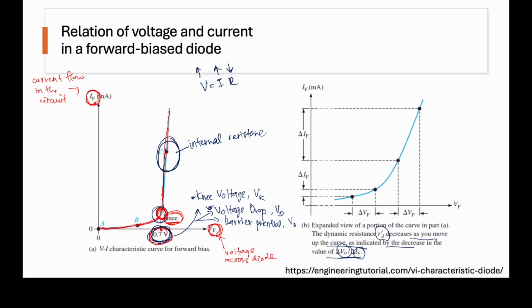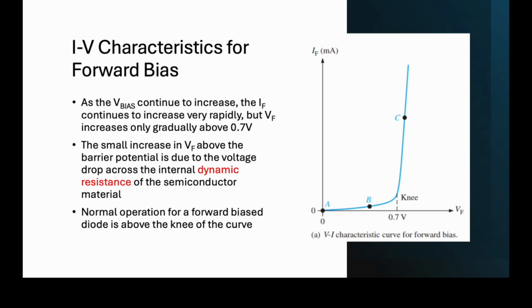Now, how about the characteristics here? As the V bias, the external DC source, continues to increase, the IF continues to increase very rapidly, but VF increases only gradually above 0.7. The small increase in VF above the barrier potential is due to the voltage drop across the internal dynamic resistance.